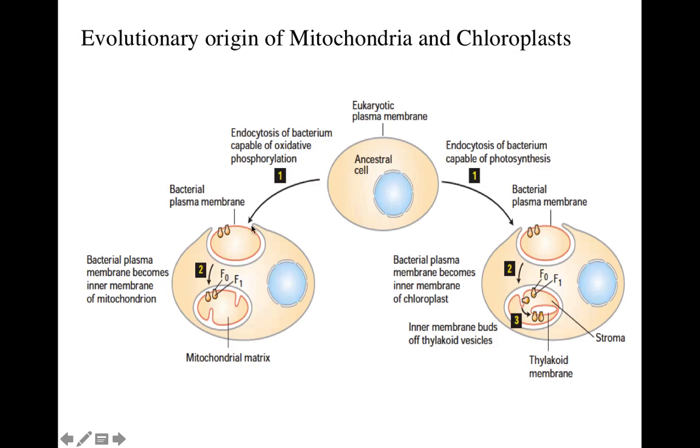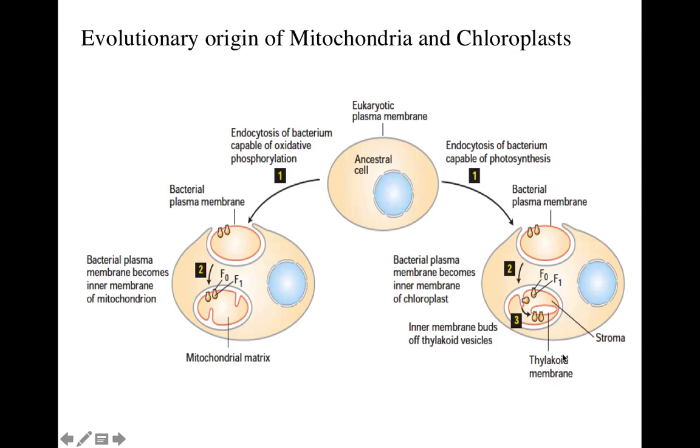Those cells where more energy is needed, like your muscle cells, like your cardiomyocytes, the muscle cells of your heart, need plenty of energy. So they contain a higher number of mitochondria so that they can produce more energy.